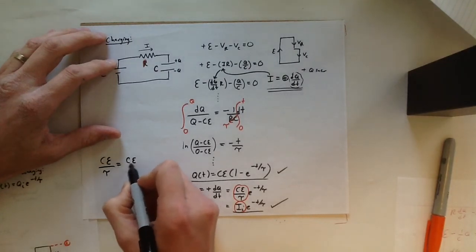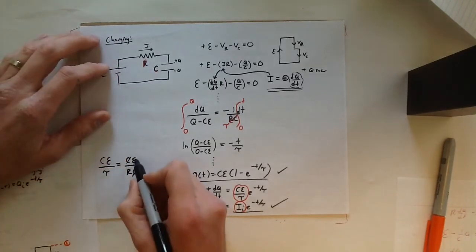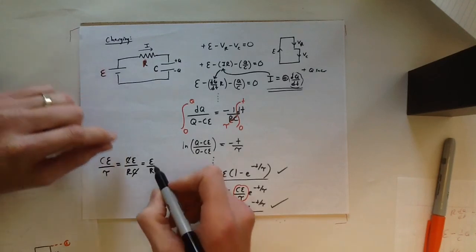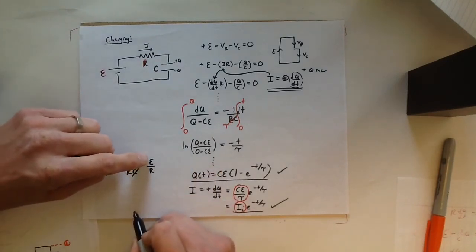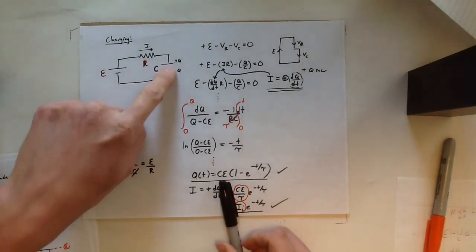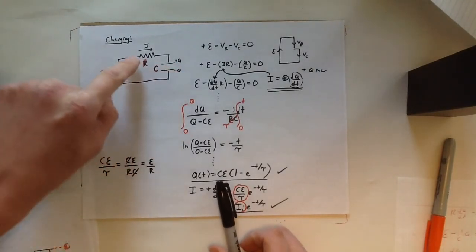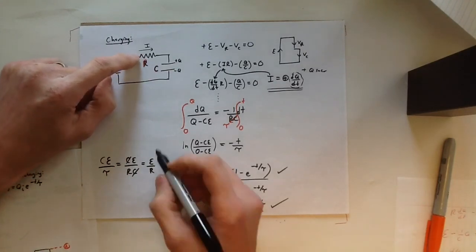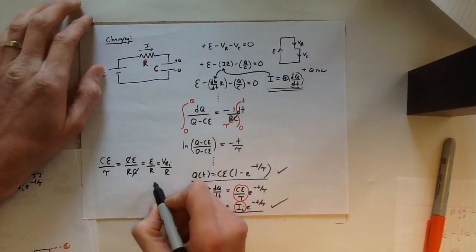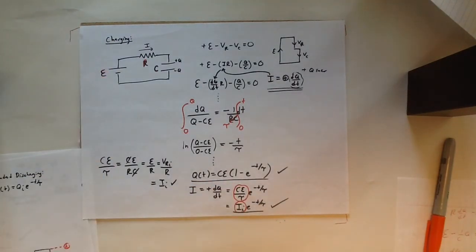If I plug in tau equals RC, the C's cancel, and of course here, this is just the battery EMF over R. Well, remember that when the capacitor is uncharged at the very beginning, it has no voltage drop, so the entire voltage drop is across the resistor. So this is V_R initial, and this, of course, is I initial.